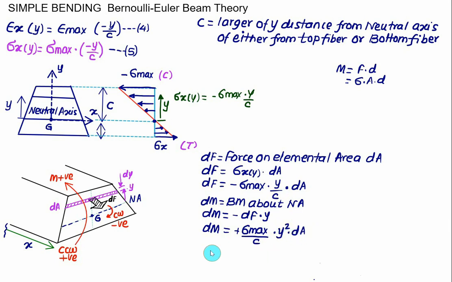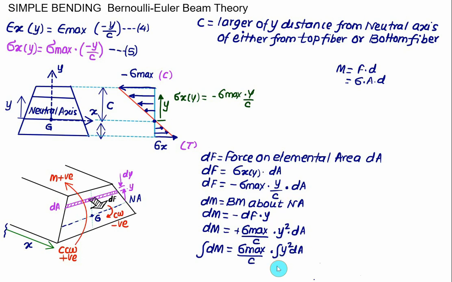Now if you want to calculate the total value, we have to integrate this equation. So we have integral of dM equal to sigma max divided by c, where c is a constant value that will not change so we take it outside, and we have integral of y square dA.